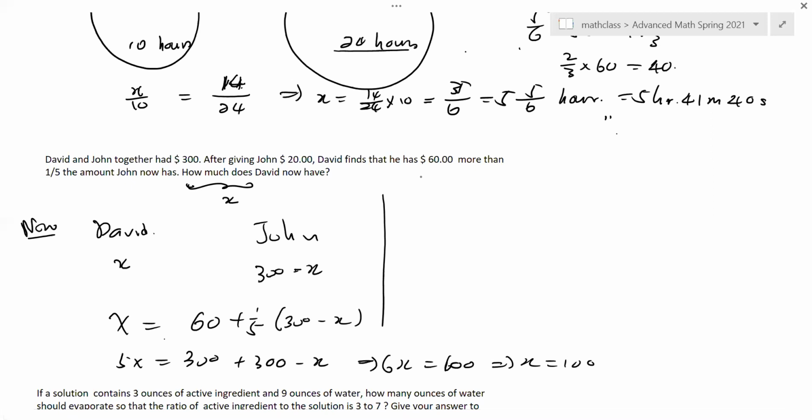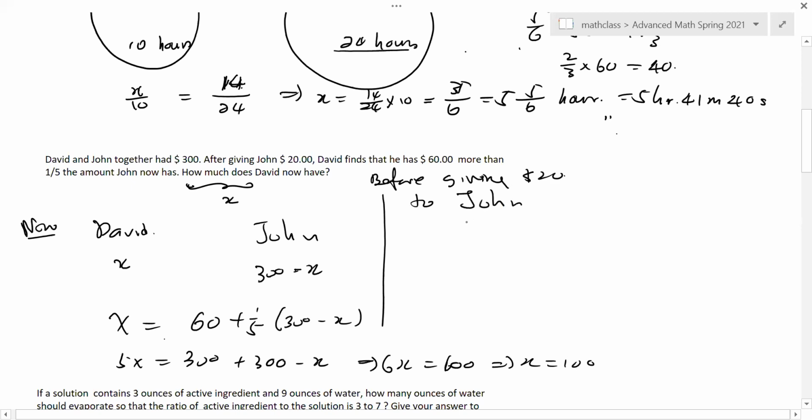You can say before giving $20 to John, right? I can assume David has, I'm going to use a different variable, y, and John has 300 minus y.